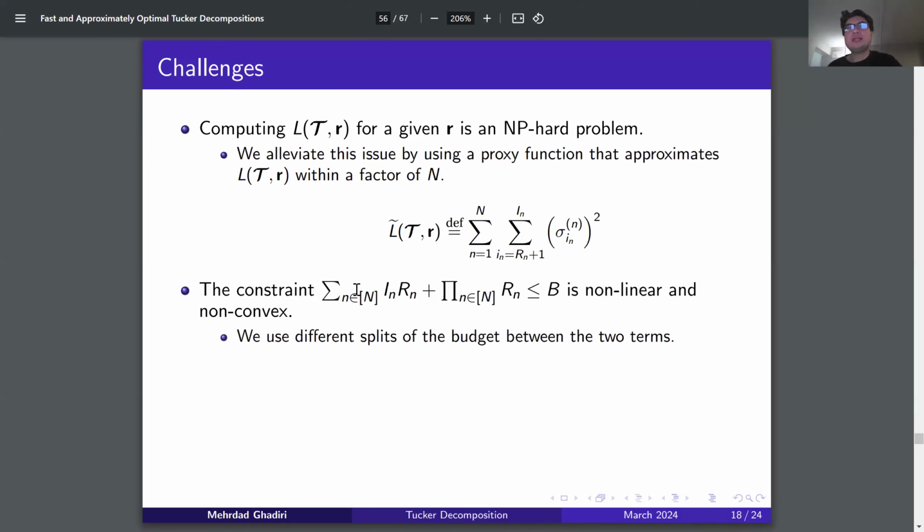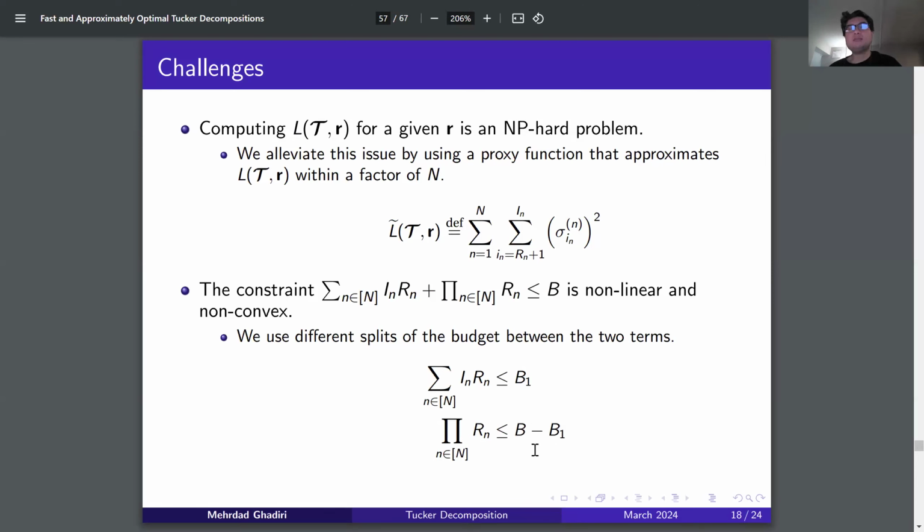The easy idea is to just split the budget. If I split the budget into a B1 part and a B minus B1 part, then I can take the log over here. So instead of a product, I would have a sum, and on the right hand side, I would have log of B minus B1.